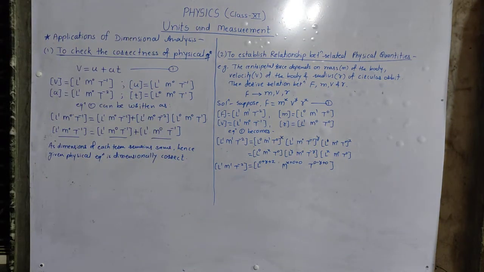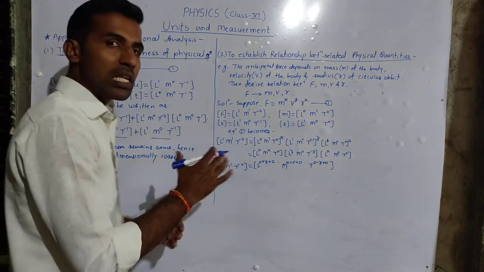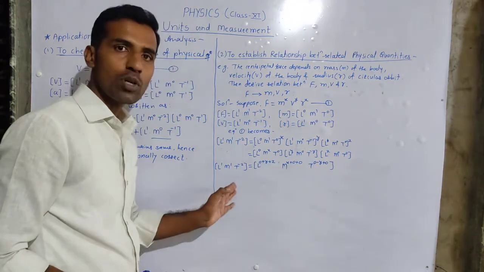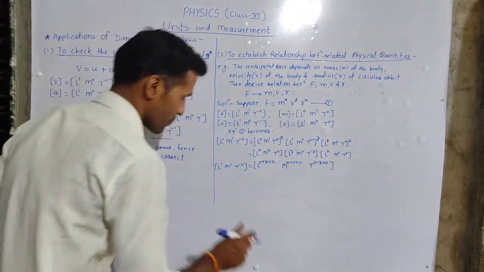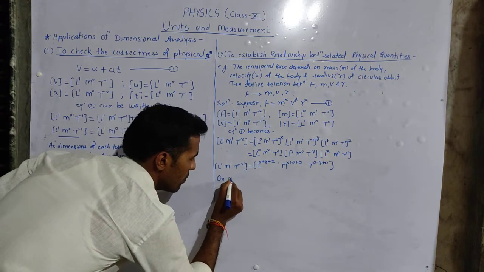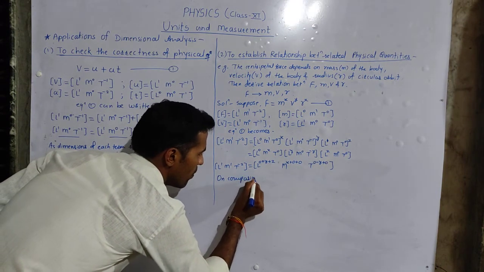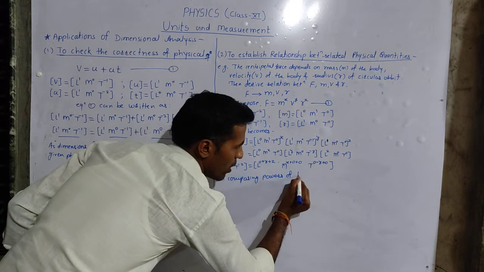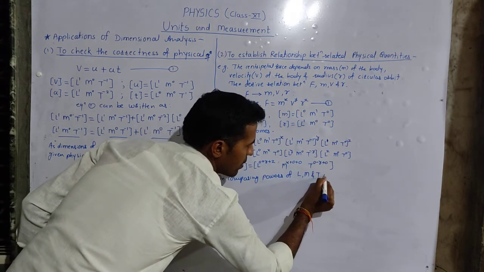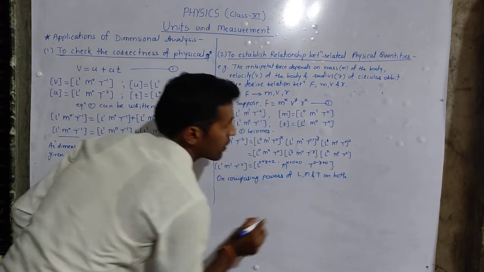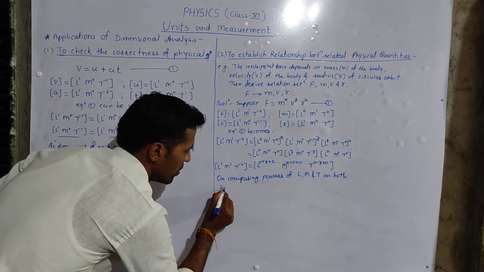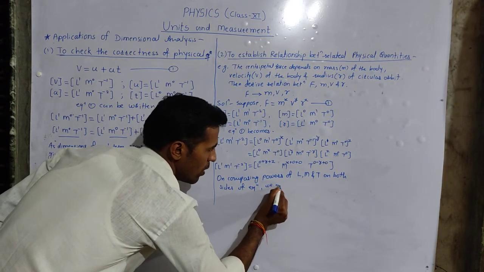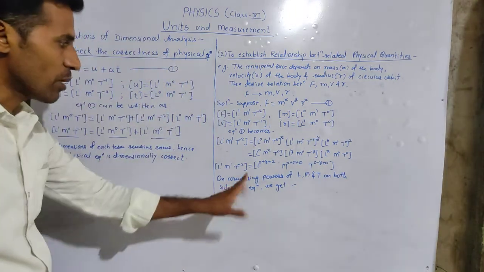So if we compare the powers of length on both sides, powers of mass on both sides, and powers of T on both sides, then we get, okay, let's compare powers on both sides.